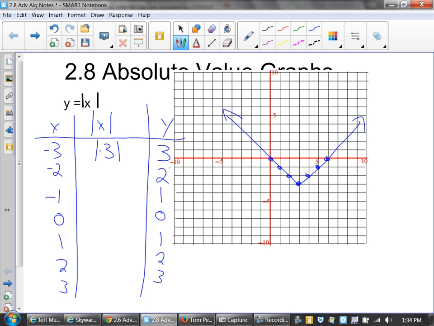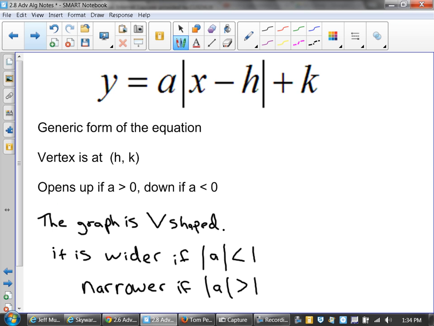So we have to be able to identify how you write out your new coordinates. What we have here is something called A, H's, and K's.